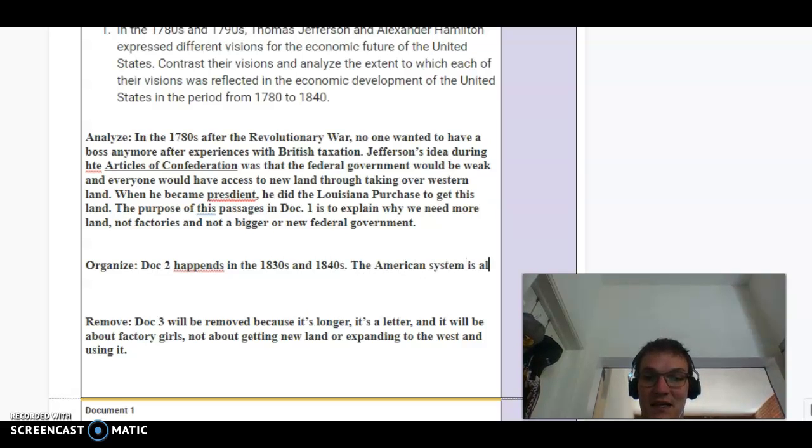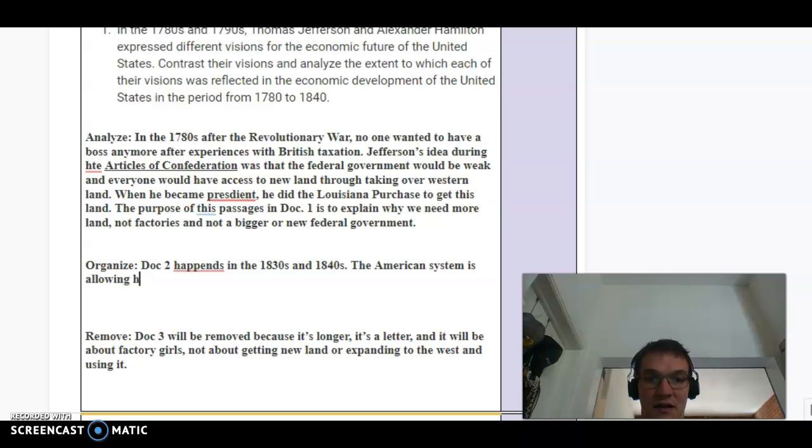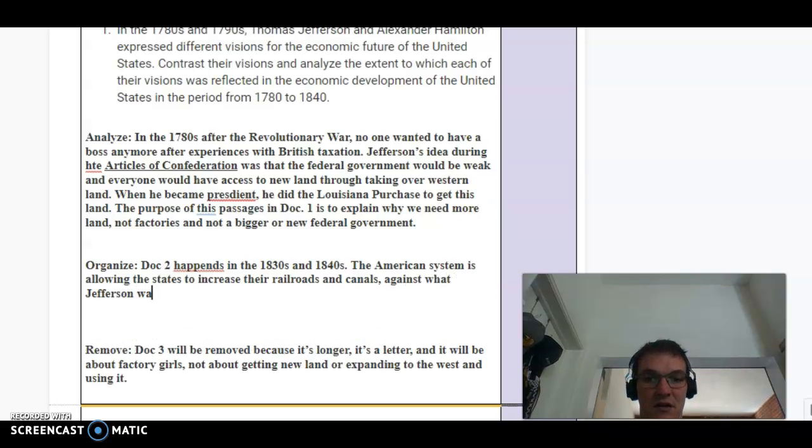The American System is allowing the states to increase their railroads and canals against what Jefferson wants.